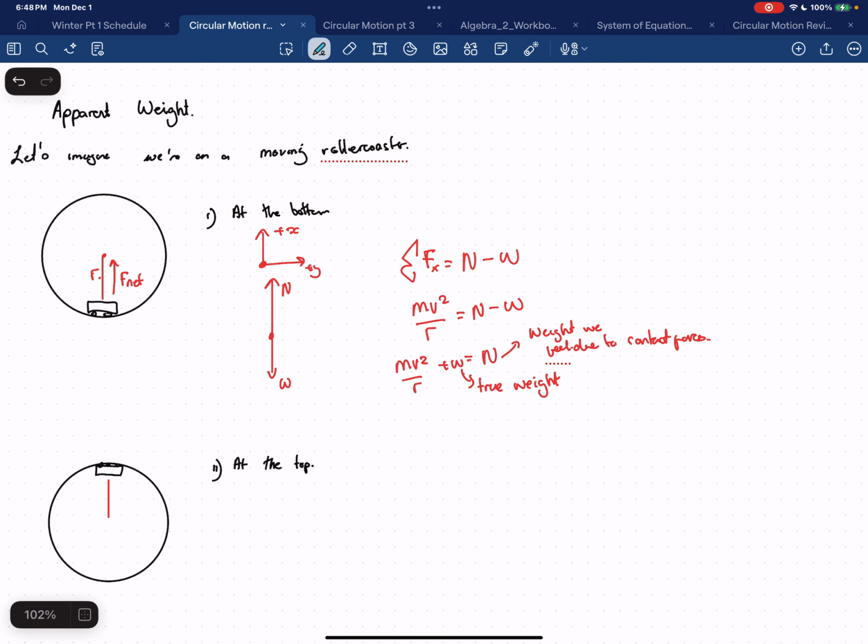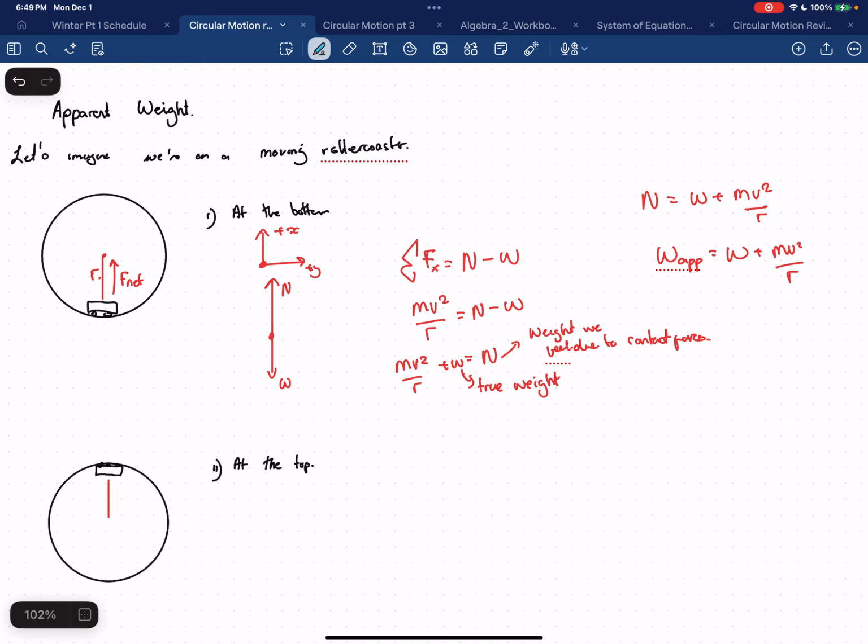So I can rewrite this equation here: N is equal to W plus mv squared over r. I can call N my apparent weight. So my apparent weight, which is just the normal force, is W plus mv squared over r, and this W here is our true weight.